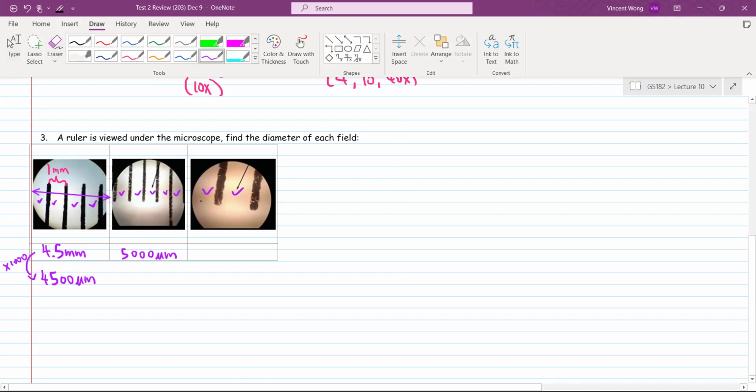And I mean, this here, I don't really see the next line, but judging from the distance here, I would say this is about two and a bit, 2.2 millimeter maybe, or 2,200 micrometer. You end up with 5.0 millimeter here. Okay, that's how you figure out the diameter of the field of view, DFOV.